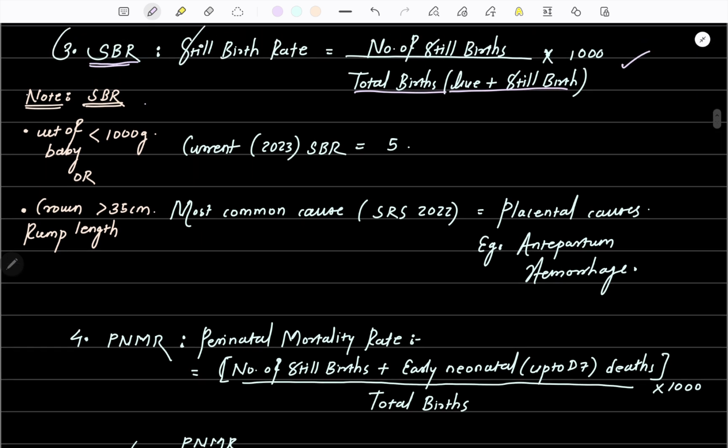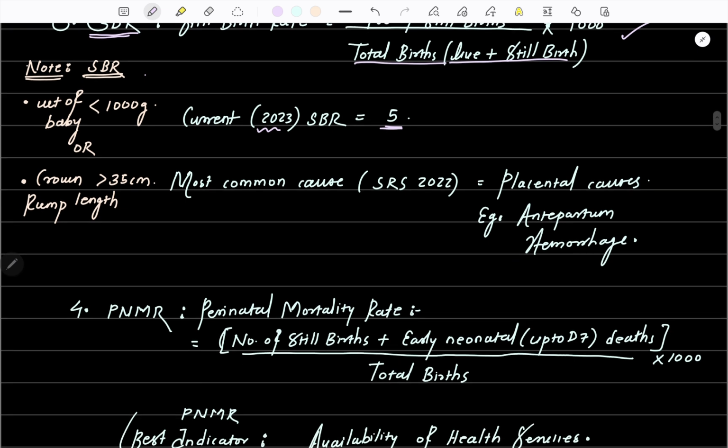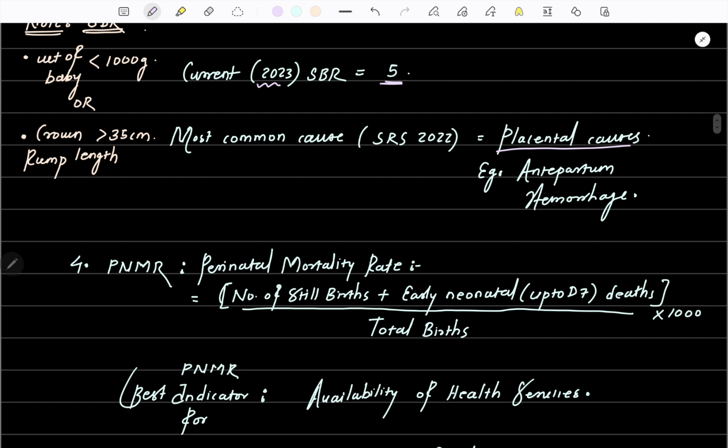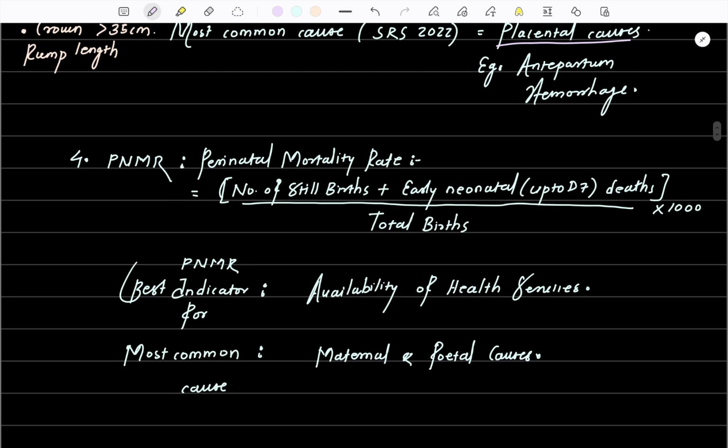The current stillbirth rate in the year 2023 is 5. The most common cause of stillbirth is placental causes, for example antepartum hemorrhage, that is hemorrhage occurring before delivery of the baby.